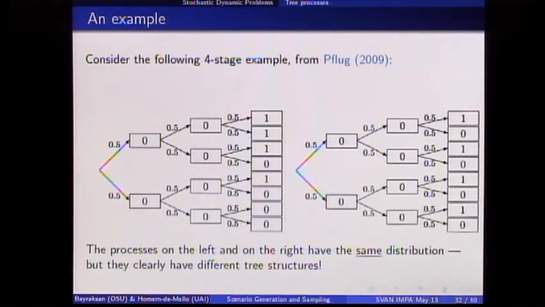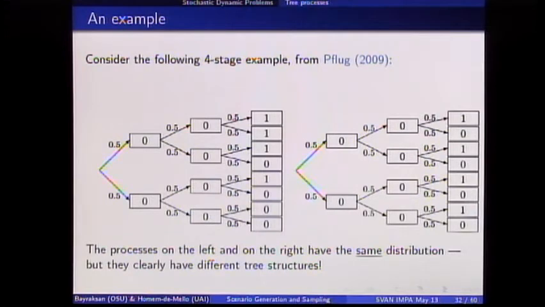Yeah, it's the information available. If you are at this node, you know you must have a 1 for sure in the next stage. Whereas if you're here, you could have a 1 or 0. If you stand here, you know that you have three 1s and one 0 ahead of you. If you're here, it's different. So there is this information.